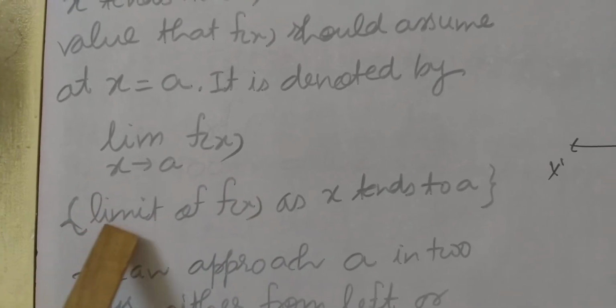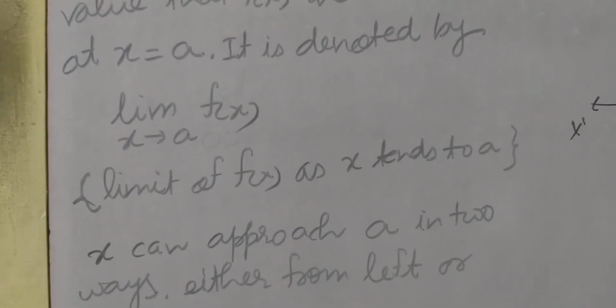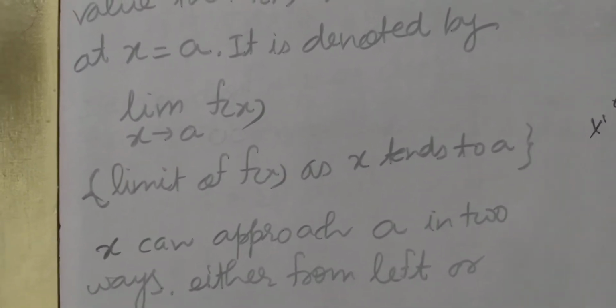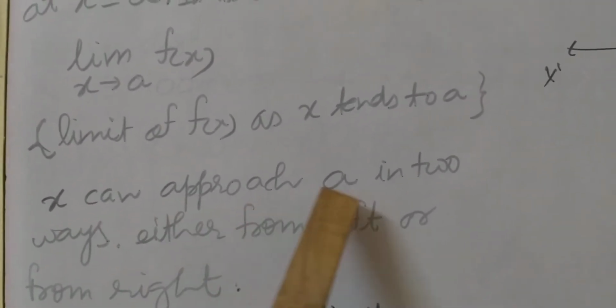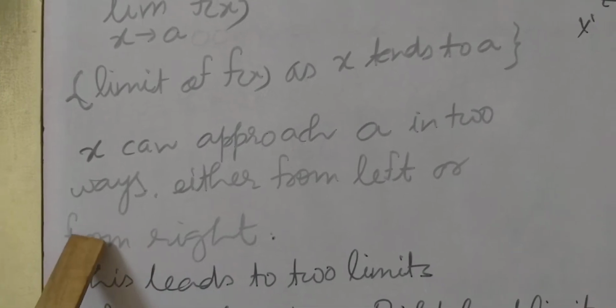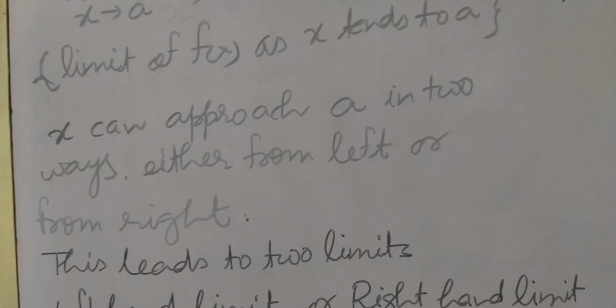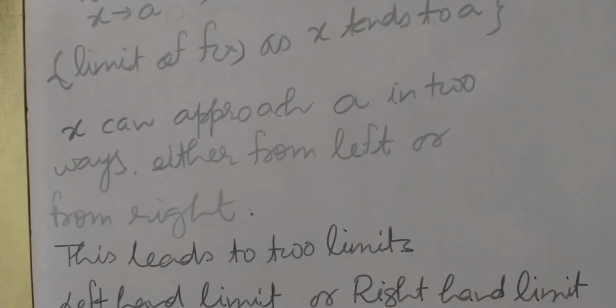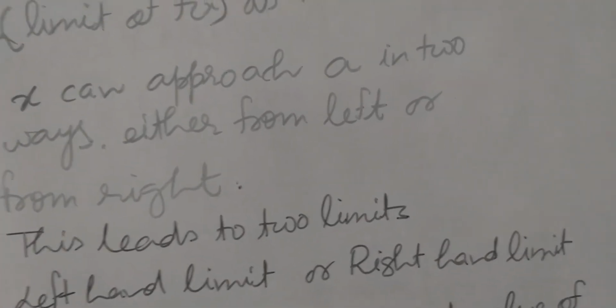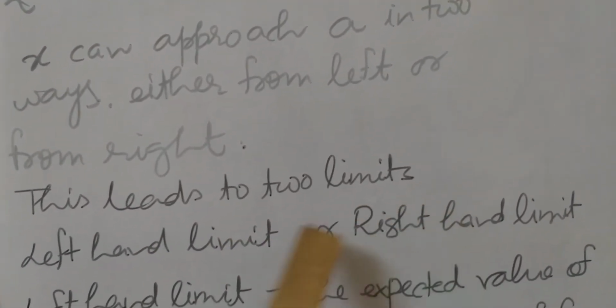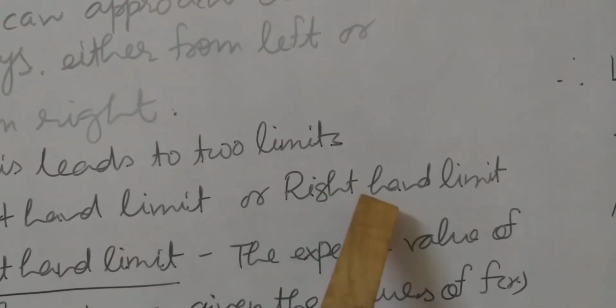We can read it as limit of f(x) as x tends to a. x can approach a in two ways, either from left or from right. This leads to two limits, left hand limit and right hand limit.